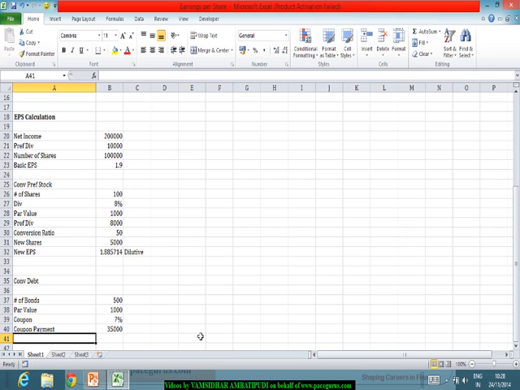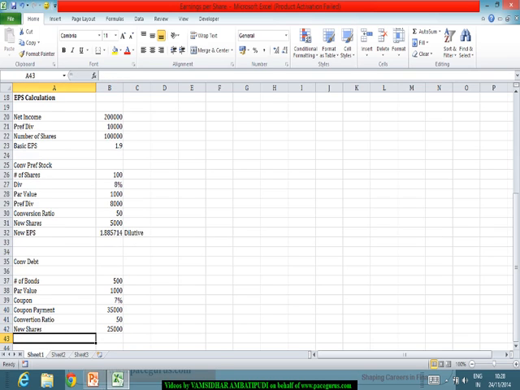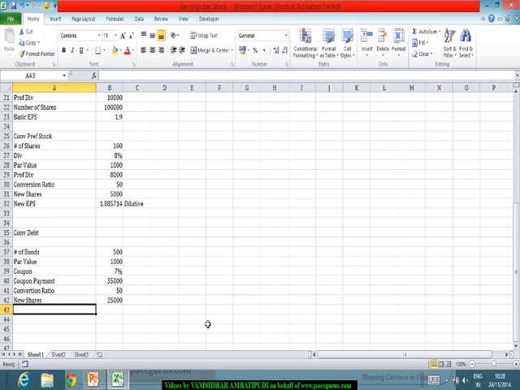Now what we are saying is the conversion ratio here. Let's say one bond is converted into 50 shares. When one bond is converted into 50 shares, then if the conversion is successful, the number of new shares getting created is 50 times 500, which is 25,000.